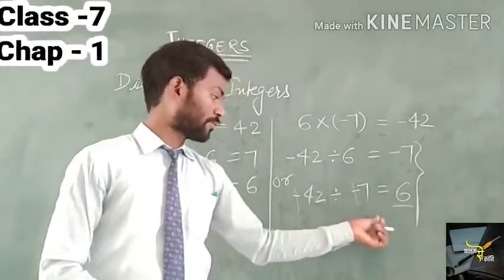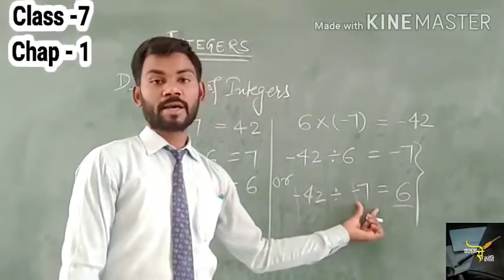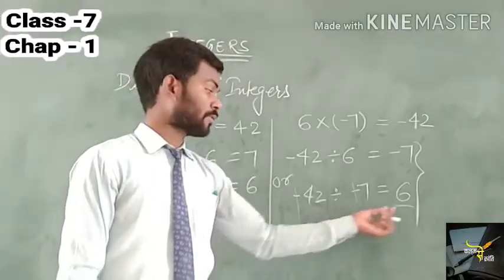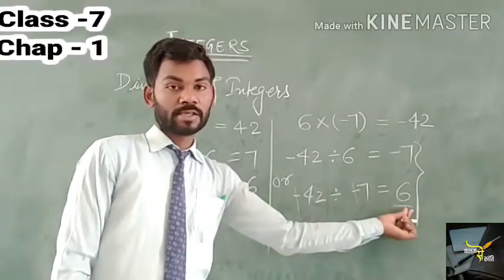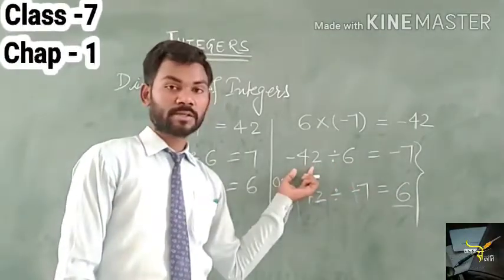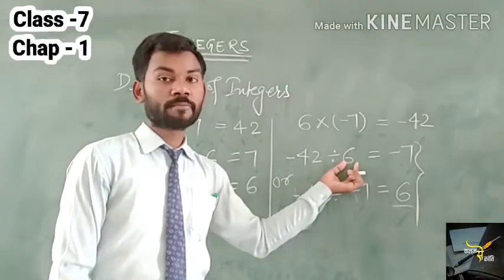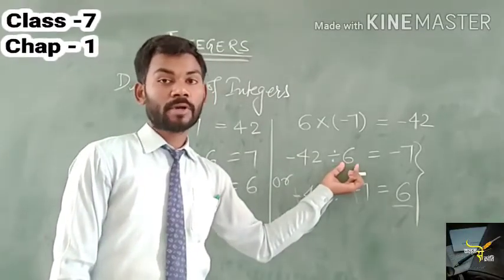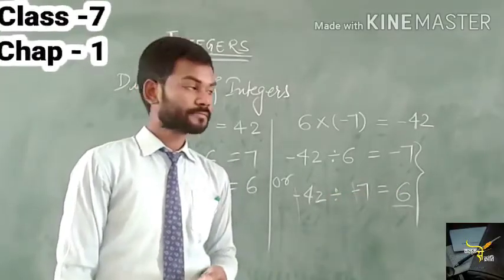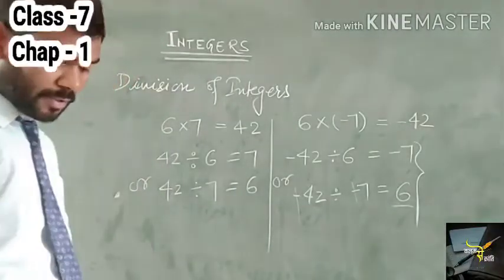In the second case, we can see that the dividend and divisor have the same sign, that is minus, therefore its quotient is positive. But in the first case, the dividend and the divisor have different signs, therefore its quotient is negative. So I hope it is clear to everyone.